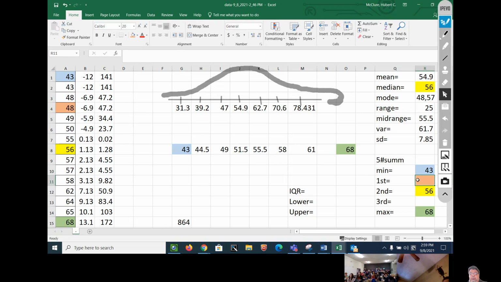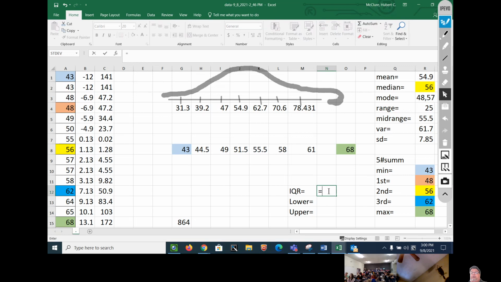And that's equal to 48. Third quartile would be 62. And we'll color that. Running out of colors. That aqua color that we always use. And there's your 5-number summary.